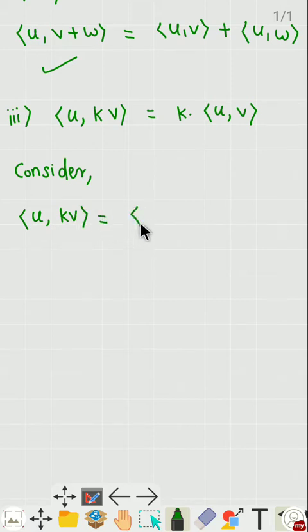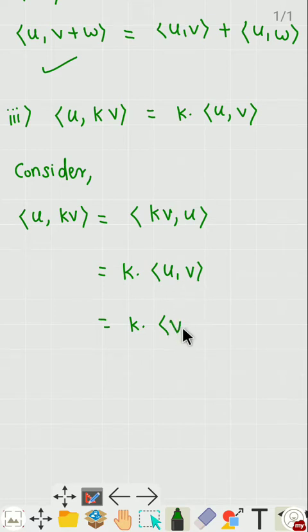By the property of symmetry we can write inner product of kv with u, and by the scalar multiplication property of inner product, it is k times inner product of u with v, and it is equal to k times, again using symmetry for this inner product, v with u. Thus finally we have inner product of u with kv is the same as k times inner product of v.